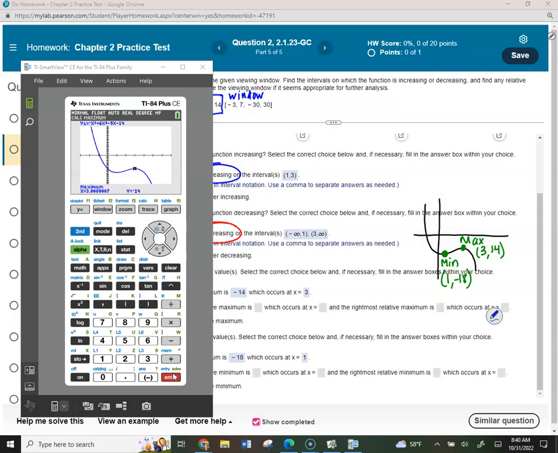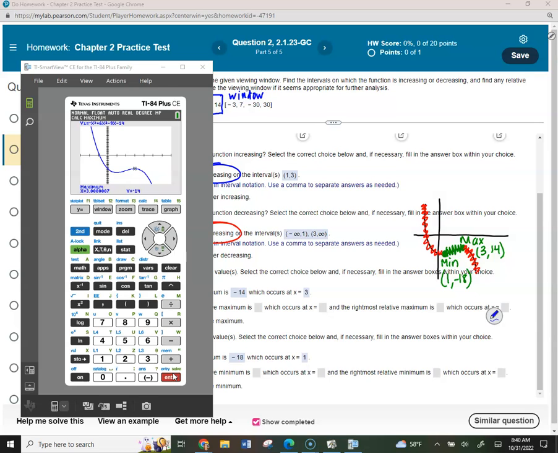Alright, so it's decreasing. Let's see, I'll do red for decreasing. It's decreasing here. Then it's increasing. Then it's decreasing. Remember, you need the x values for increasing and decreasing.